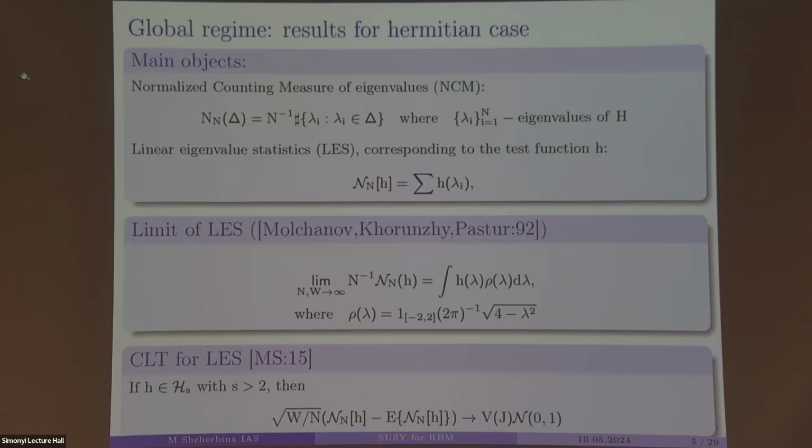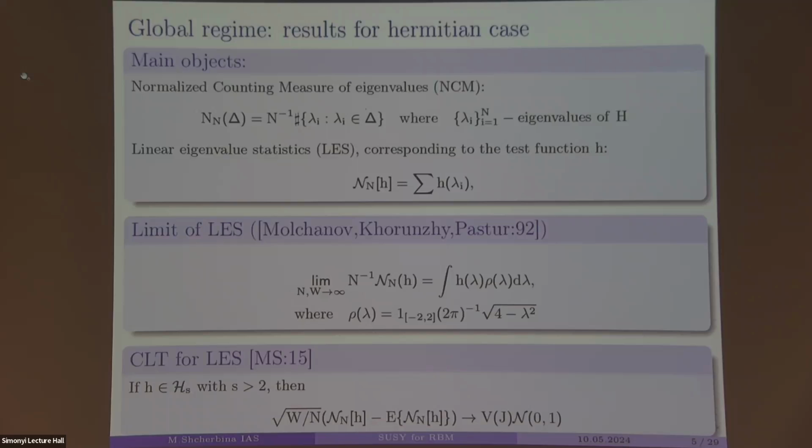A little bit more generally, there is a generalization, the so-called linear eigenvalue statistic, because some results are more convenient to formulate in terms of linear eigenvalue statistics. Then we take some test function h, any function in fact, but normally piecewise continuous at least, and consider the sum written here.